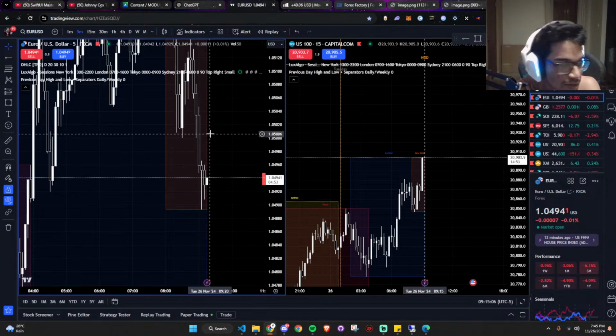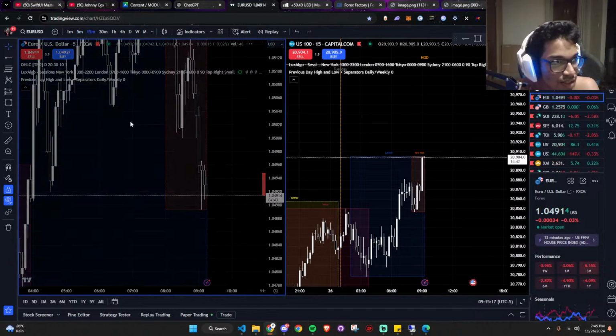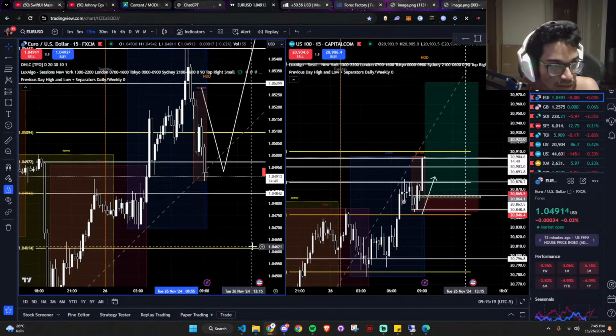It's okay. There's an inverse rally up here. It's not even retesting it. It's that much selling pressure. That's crazy. It's gonna drop to discount 100%.